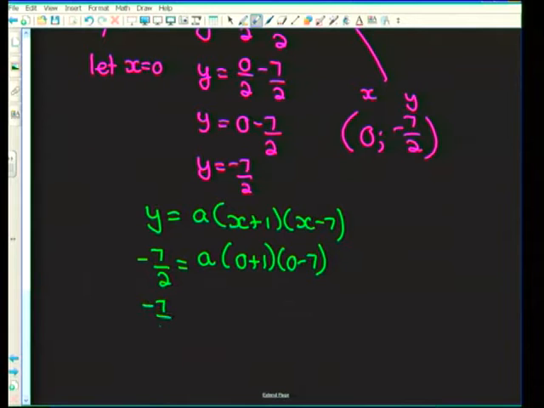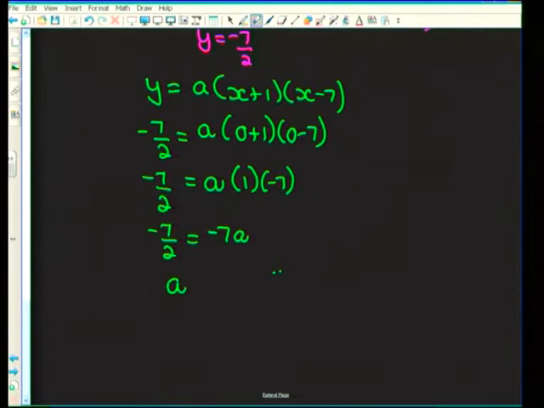So minus 7 over 2 equals a times 1 times minus 7. So minus 7 over 2 is equal to minus 7a. Now that means that a is equal to minus 7 over 2 divided by minus 7. Now remember, if you've got a whole number, the best thing to do is to make it a fraction, because then you've got a fraction divided by a fraction, and it's easy to work with.